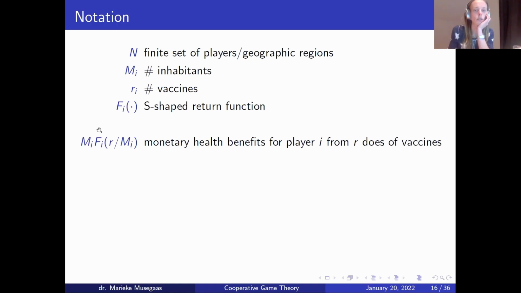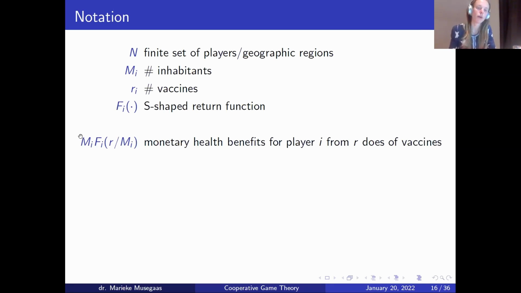This S-shaped return function, what is the input of this function? It is the fraction of people that get vaccinated. So you divide the number of vaccines by the number of inhabitants. That's the input for your function. And the output of this function is the monetary health benefit you get per inhabitant.